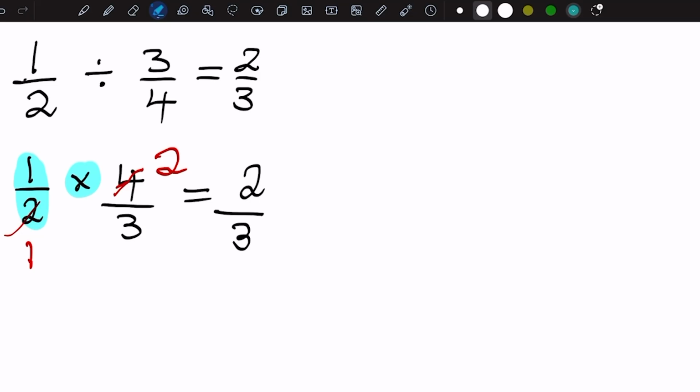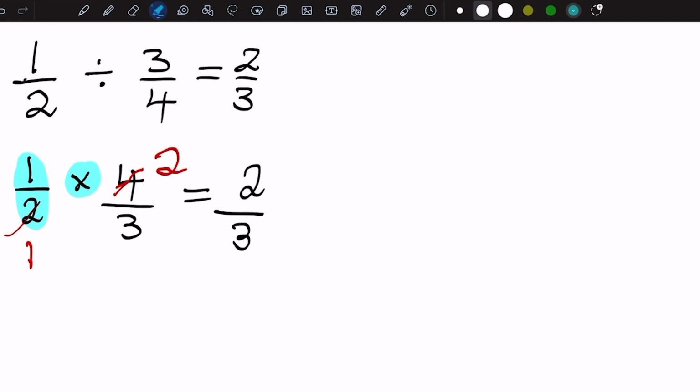What is in the denominator, we put in the numerator. What is in the numerator, we put in the denominator. That's how we end up with a 4 over 3 and not a 3 over 4. After that, we already know how to multiply fractions, so we just follow those same steps. Either we simplify, then multiply after, or we multiply, then simplify after. Alright, I rather simplify first.